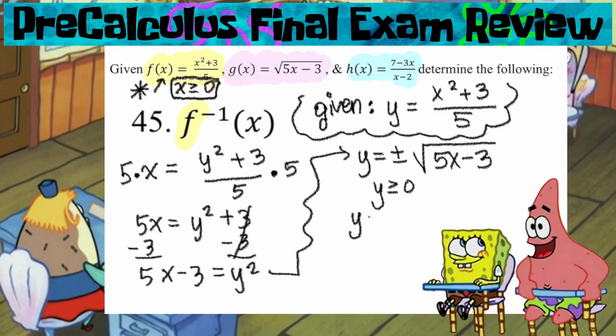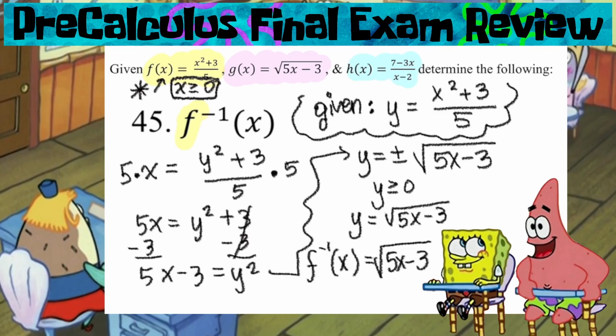So y equals just the positive square root of 5x minus 3. And then I can name that my inverse. So f inverse of x equals the square root of the quantity 5x minus 3. Voila, that is it. That is my f inverse function. That is the end of the problem.